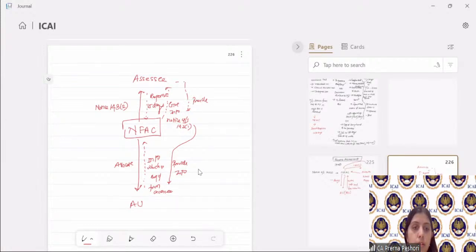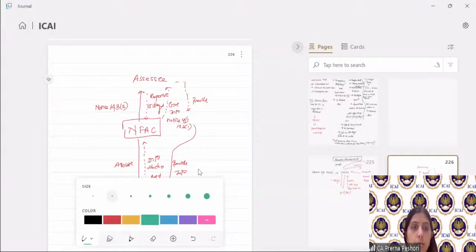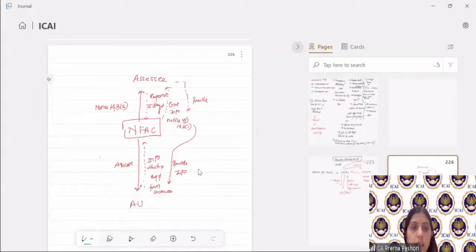Then NFAC will give it to a verification unit.